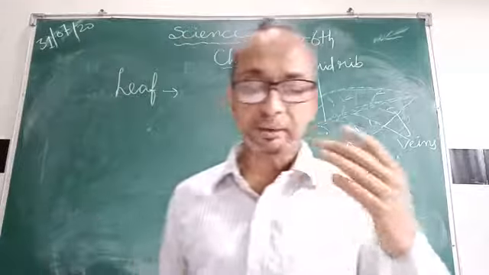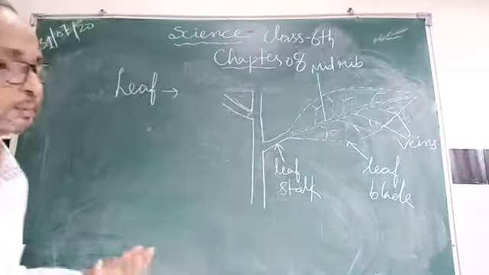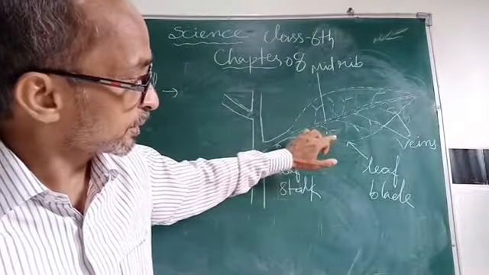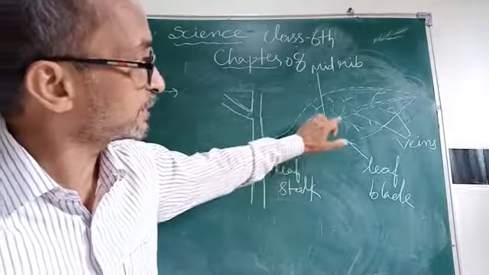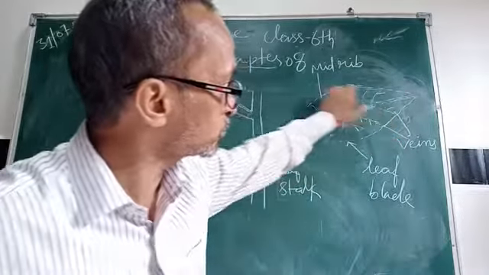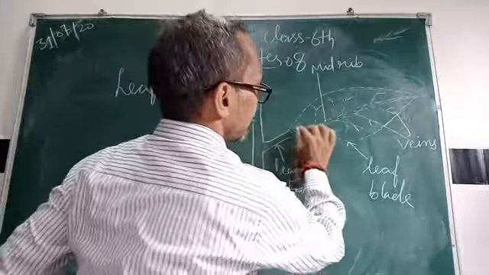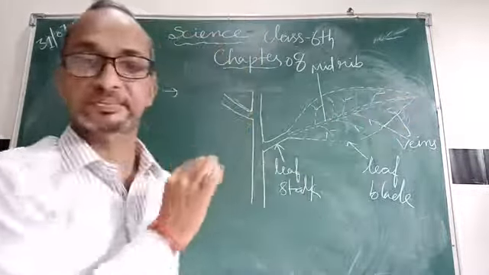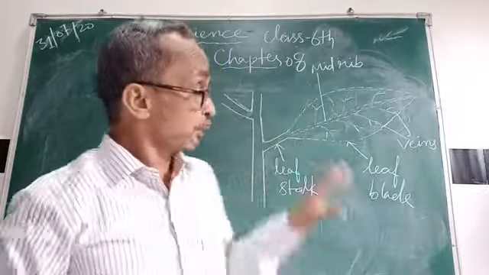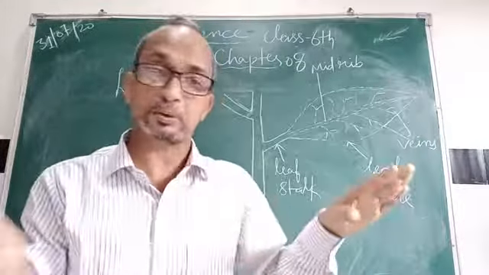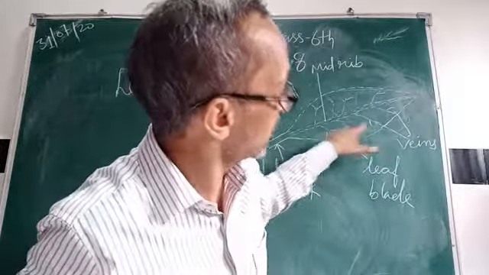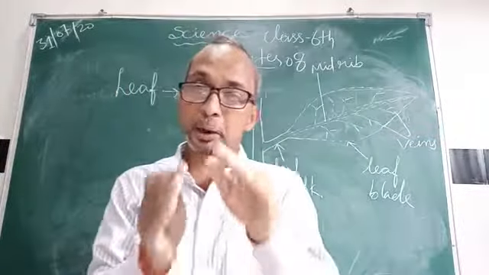So a large number of veins are spread out from the midrib. These are veins. Veins are spread out from the midrib throughout the whole leaf.